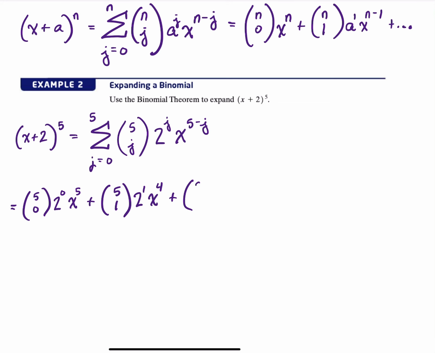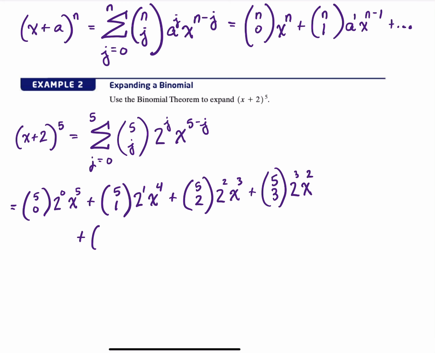So notice our powers will just descend on the x's, and the powers on the 2 will increase. So next term will be 5 choose 2 times 2 to the 2nd power times x to the 3rd power. Then 5 choose 3 times 2 to the third power times x to the second power. I'll continue here.